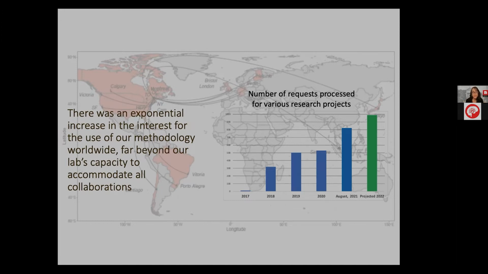So you see in the plot here, we started in 2017, that's when we created the technique. And what we're showing you here is the number of scores that were calculated, both inside the lab and for collaborators, and you see how it grows, a bit limited by our own capacity, but it shows the interest that increased and continues increasing to date.